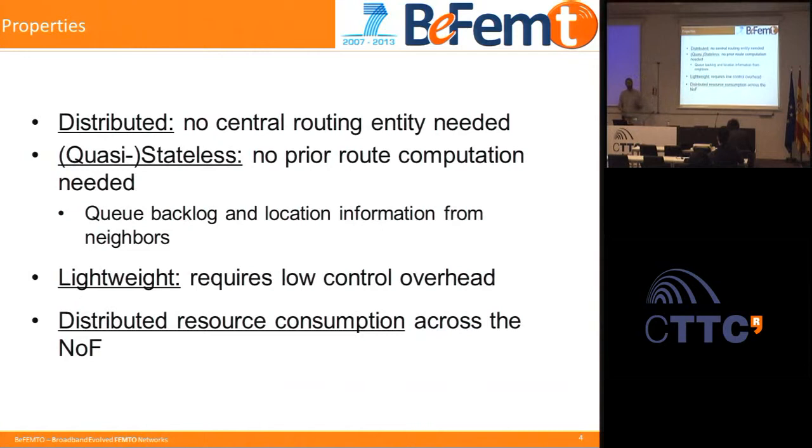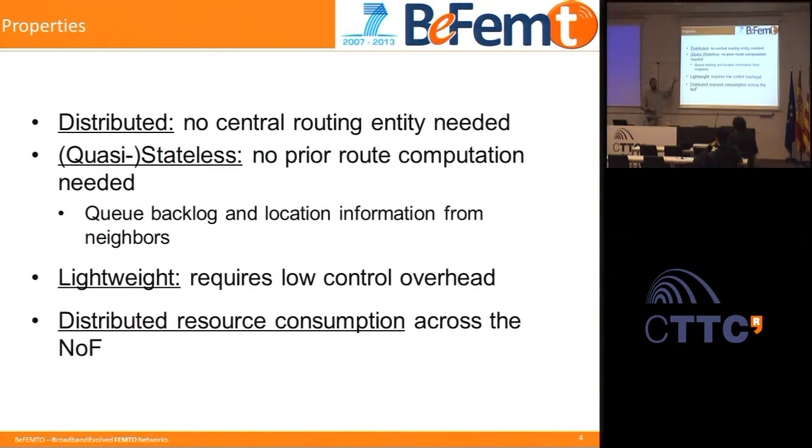Since we are in a large-scale all-wireless network of femtocells, we want it to be distributed. We don't want a centralized point of decision, because we are in an all-wireless network, which means that we don't want to send too much control overhead over the network. We're going to save resources, and because it's large-scale, we want to take local decisions.